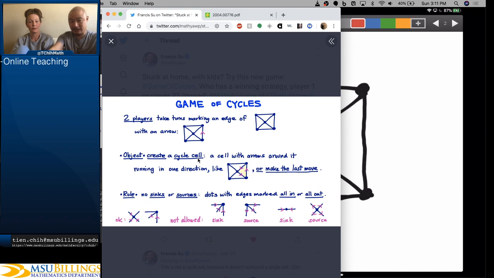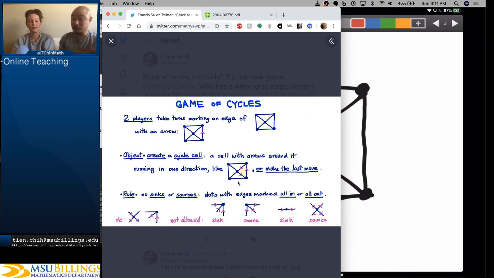A cycle cell is a cell of the board where if you go around, all of the arrows go in the same direction and form a cycle. If you complete a cycle cell, you win. Or if you make the very last legal move on the board.